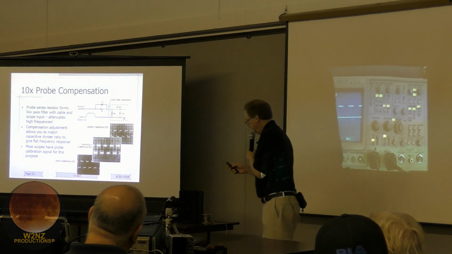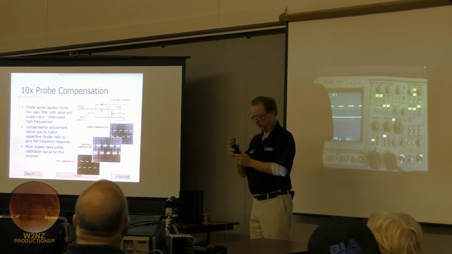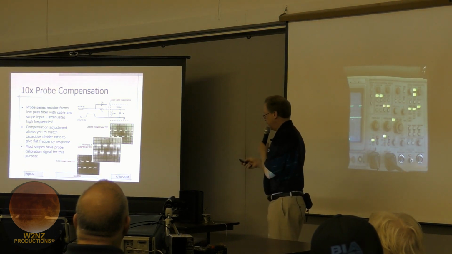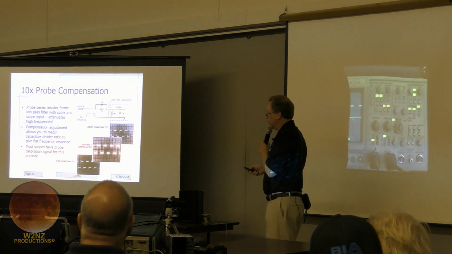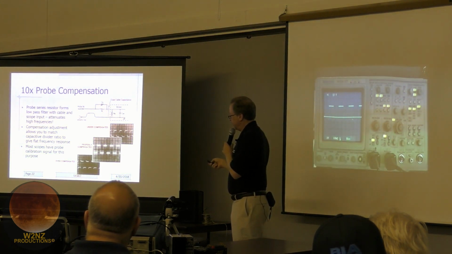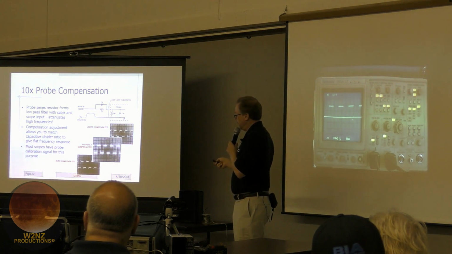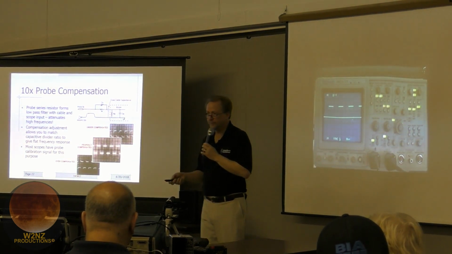So this is what they look like. So here's our tip and the ground. Our probe tip and the ground here, okay? And then there's this 9 megohm resistor that's inside the probe tip, and then the 1 megohm input impedance of the scope. But if you think about that, this 9 megohm input resistor and the input capacitance of the scope probe, that's an RC low-pass filter, right?